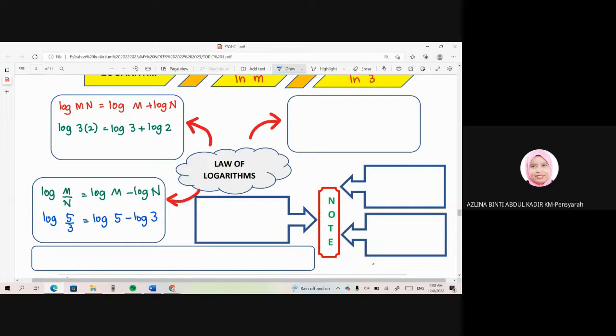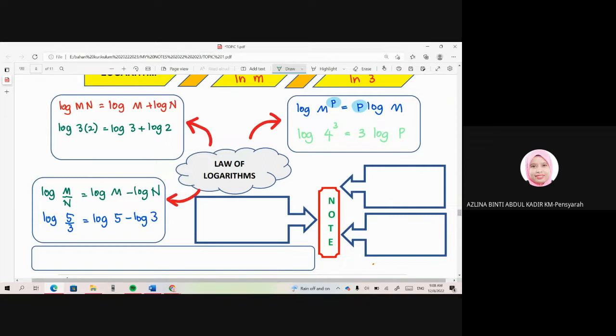Log of m to the power p is equal to p log m. You bring the power in front. For example, log of 4 to the power 3 is equal to 3 log 4.